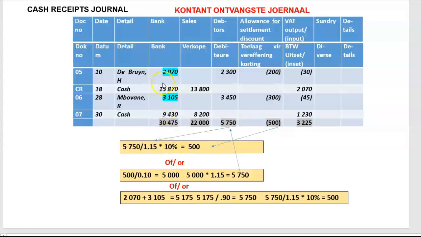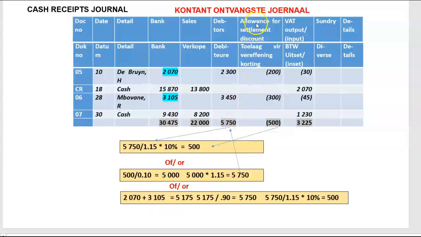Then you should know by yourself that 5175 only represents 90% of the actual outstanding debtors figure. So I have to work back to the actual amount that was credited against our debtors control for the month, and that was 5750. So the 5175, the 2070 and the 3105 divided by 90% gives me 5750. So you should be able to fill in that blank of 5750.